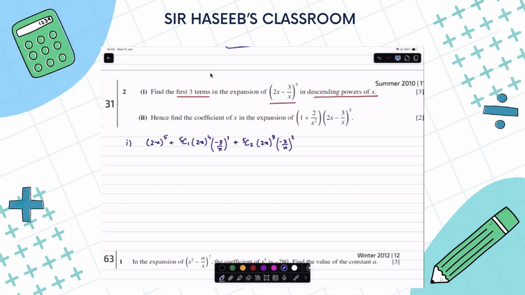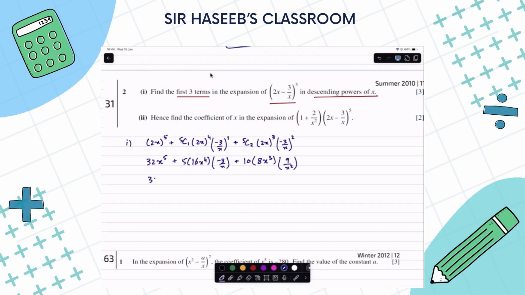So this is going to be 32x power 5, plus 5 into 16x power 4 and minus 3 over x, plus 10 into 8x cube into minus 9 over x squared.